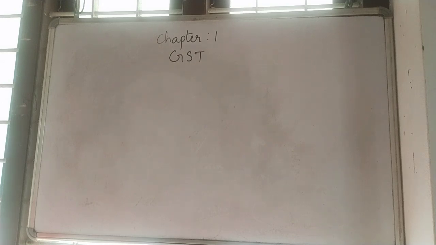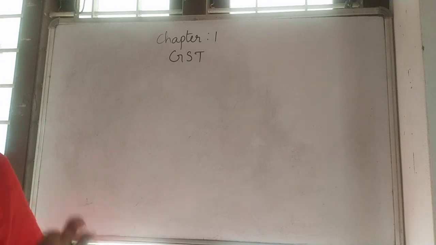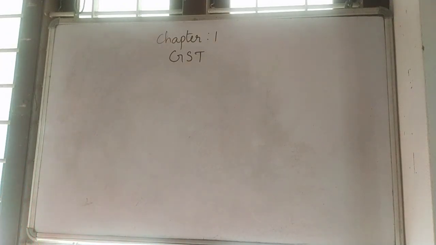That means when a dealer purchases something, at that time he has to pay some GST, no? So that GST is known as input GST, that is paid by the dealer.